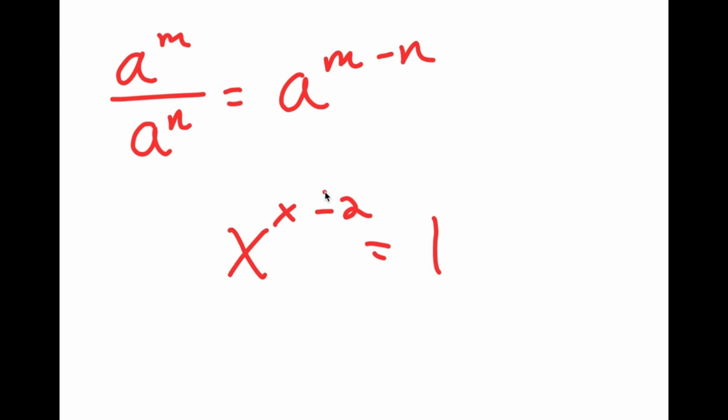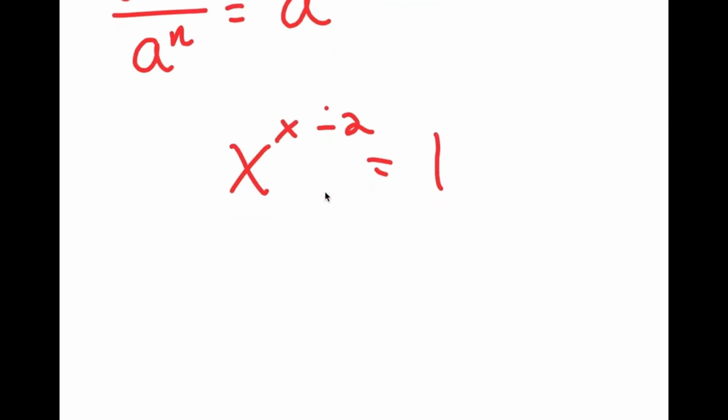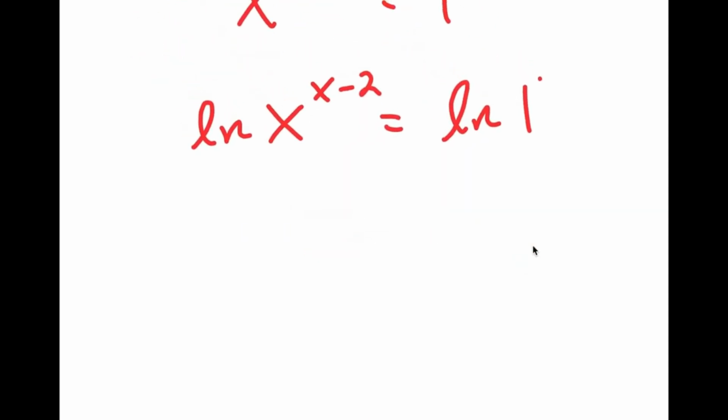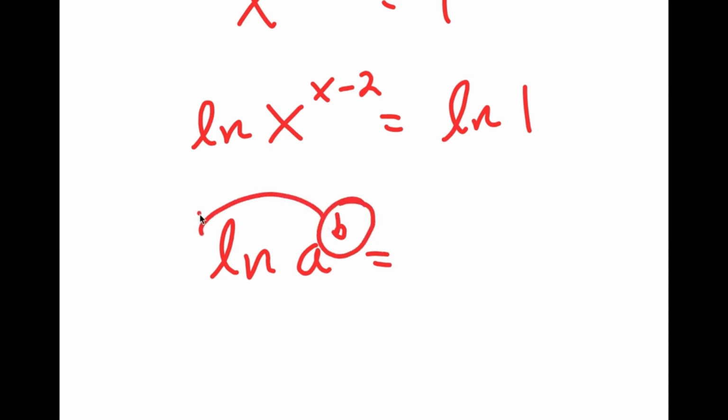And now what I'm going to do is take the ln, or natural log, on both sides. So I get ln of x to the power of x minus 2 is equal to ln of 1. Now the reason I did this is because logarithms have a special property where if I have something in the form ln a to the power b, I can simply move this exponent b to the front.